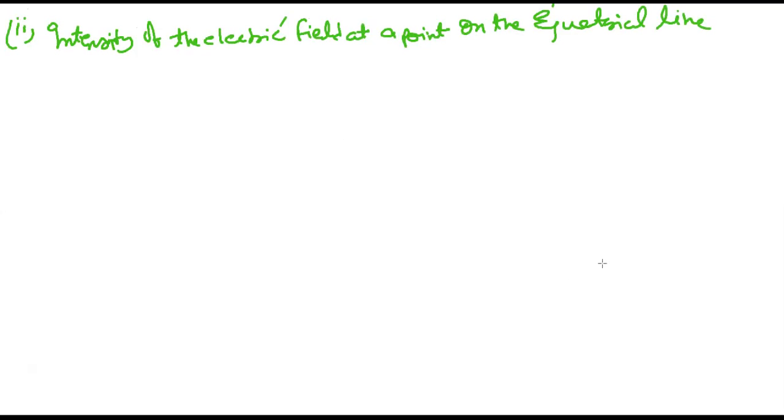So for this your diagram will be like this. Point P will be here. A will be here, minus q. B will be here, plus q.